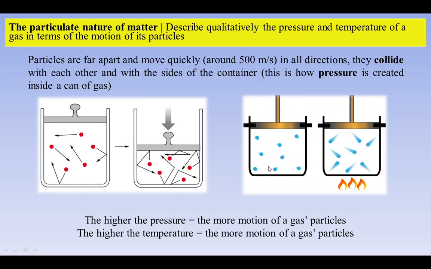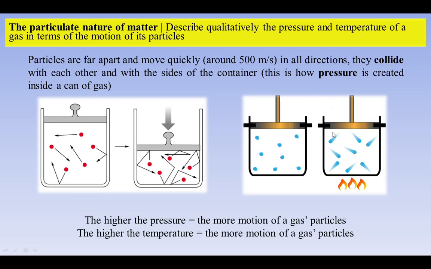Now let's see the effect of temperature. Now let's keep the volume constant in both containers. As you can see on this left one here, when we don't heat, the particles are moving randomly, because we are pretending that we have a gas here.